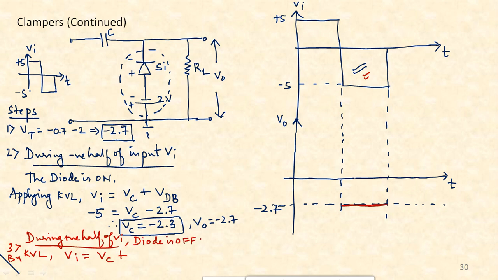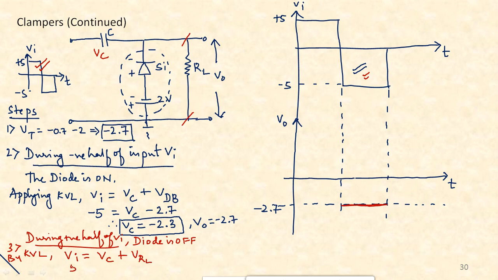When it is off, it behaves like an open circuit, so you can just detach it. So during the positive half cycle, Vi is equal to the voltage across the capacitor plus the drop across the load resistor RL, VRL.